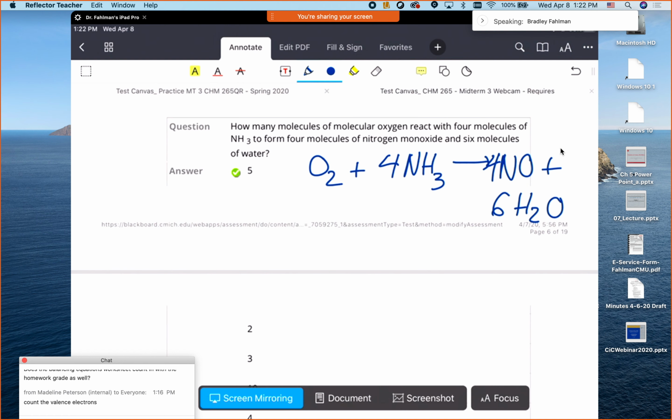Okay, and so it's asking, to balance this essentially for oxygen. Your nitrogens are balanced, your hydrogens, and so you have 10 oxygens over on this side, right? You've got 6 and another 4, so that means you need 5 in front of here. Okay.